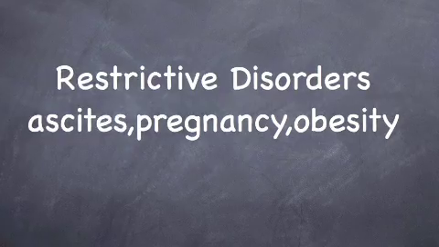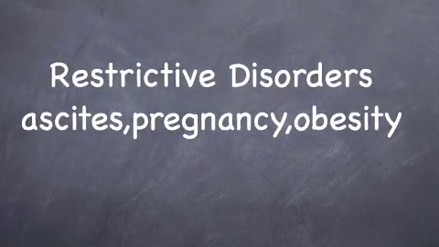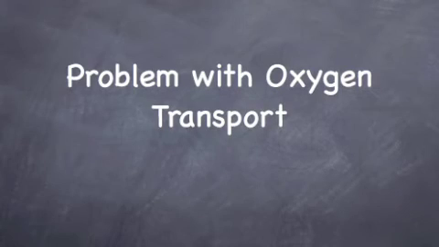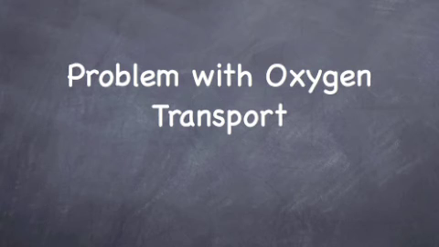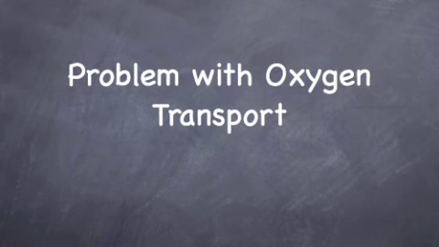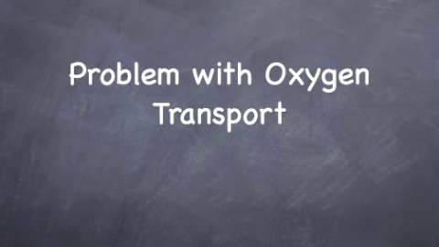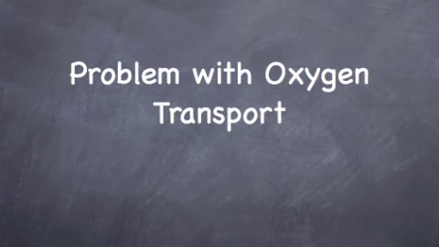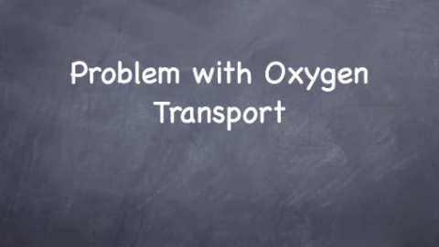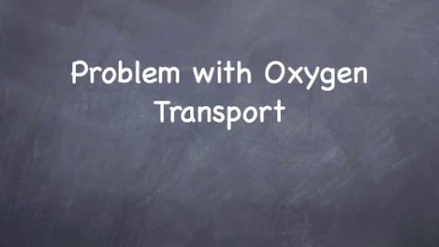A patient who's pregnant, by the way, also has the same condition, even though their condition is considered a normal one. They still have a problem of expanding and contracting their lungs because of a growing abdomen. So it's the same principle, whether it's because of pregnancy, ascites, or obesity, they have a problem with restrictive disorders.